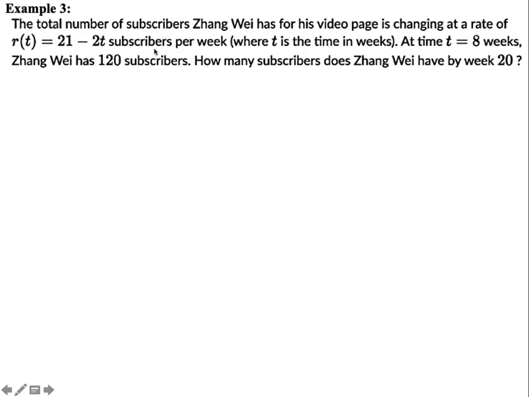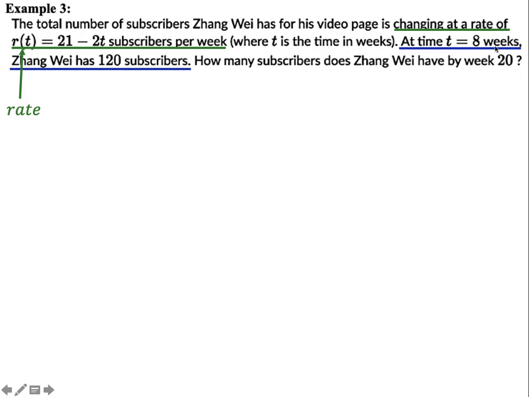So this is the rate at which his subscribers are changing. It looks like as time goes on, he's tending to lose subscribers because he's subtracting 2t.